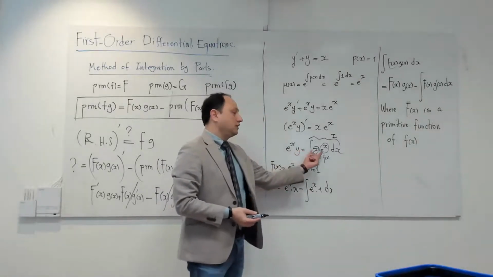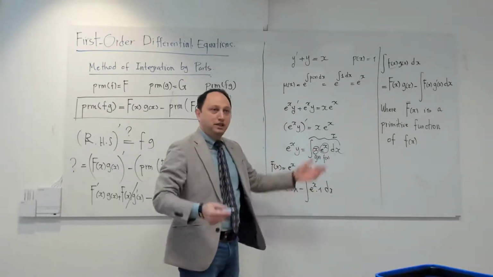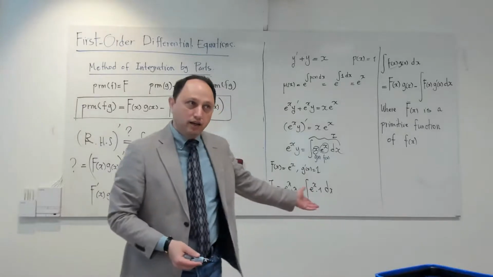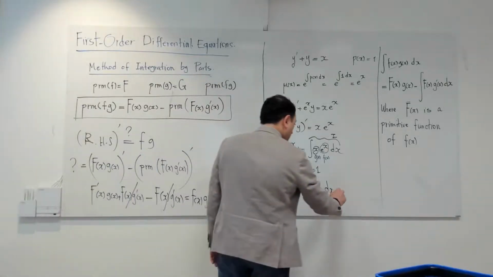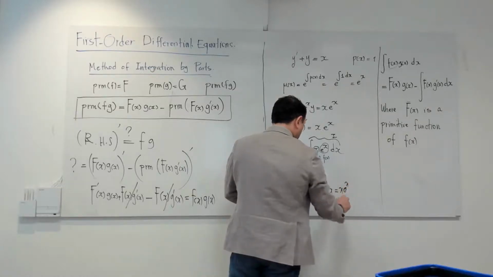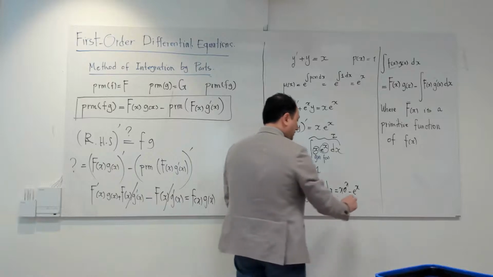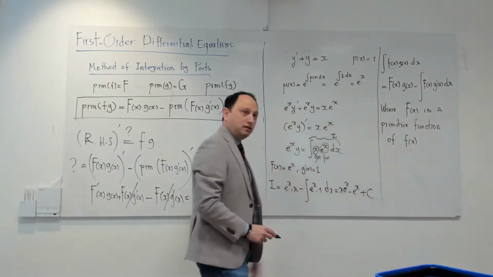Yes, because the original one was x times e to the power of x. The new one is just simply e to the power of x. And can I calculate that? Yes. So it becomes x e to the power of x, and then minus e to the power of x again, but of course plus a constant. So we calculated that.